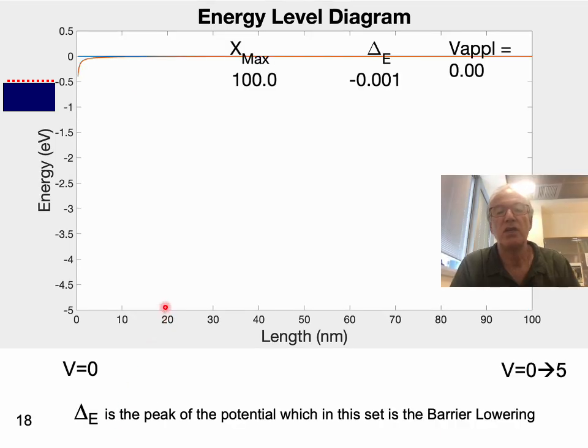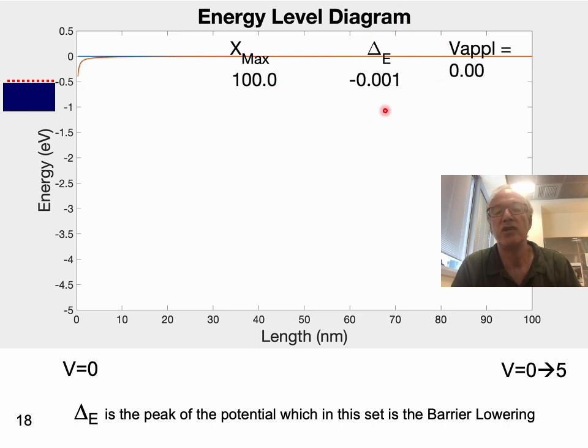Next, we'll add the image potential, and you see that the overall potential now is in red here. The blue is reminiscent of what we had before, just as a reference. And what we will follow is the maximum potential, which is the point where we will reach the maximum. At first it is at the end of the device, but then it will gradually move towards the contact.